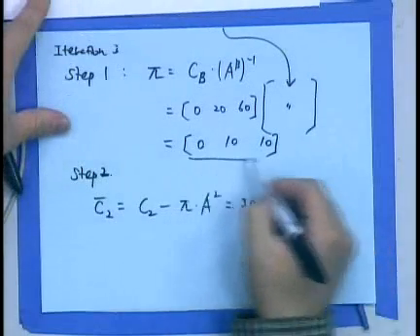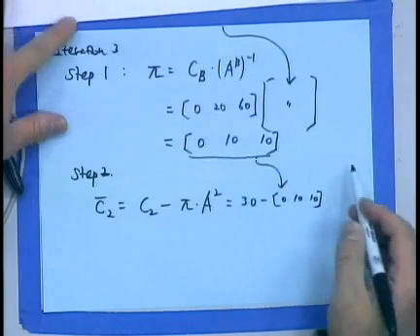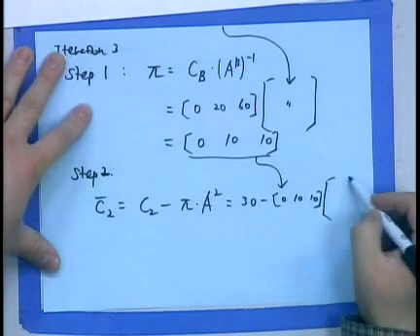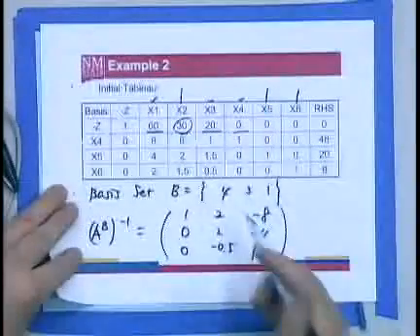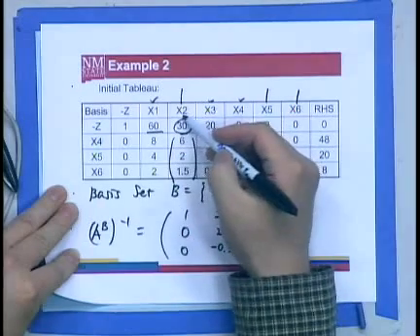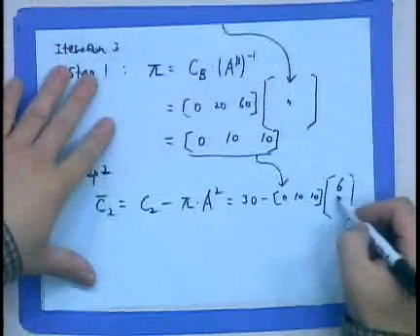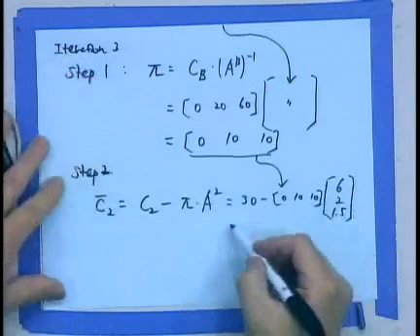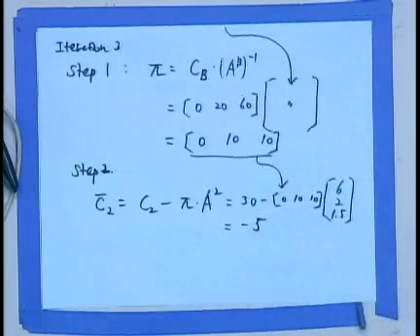Minus pi, which is this, 0, 10, 10. And what is A superscript 2? That is the constraint coefficient corresponding to the x2 variable, which is 6, 1, 1.5. And this is negative 5. Okay?